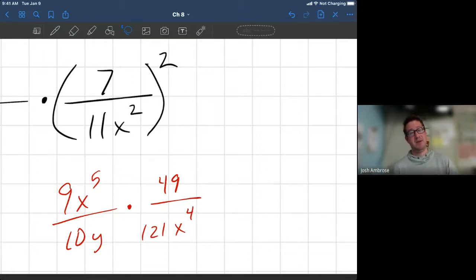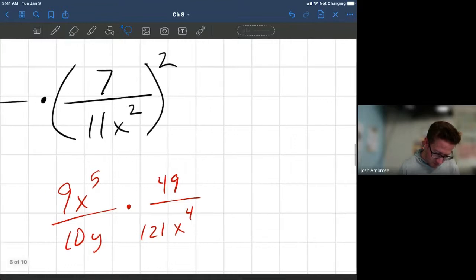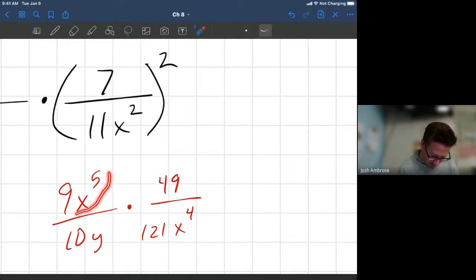Now we have some simplifying, where we can start to multiply and reduce all the way across the board here. Okay, so we have x to the 5th, and then an x to the 4th. Even though they are on 2 different fractions, they're still top and bottom.